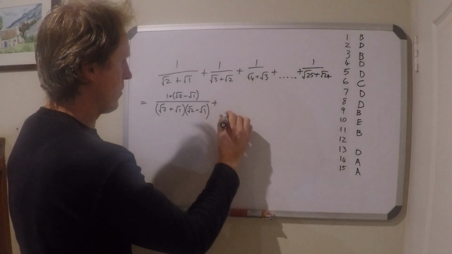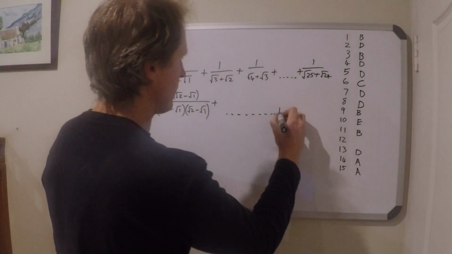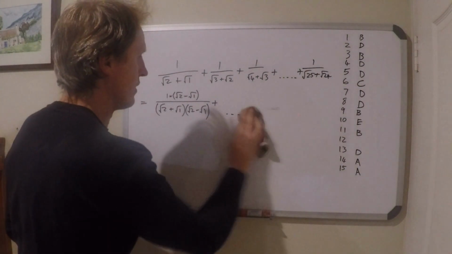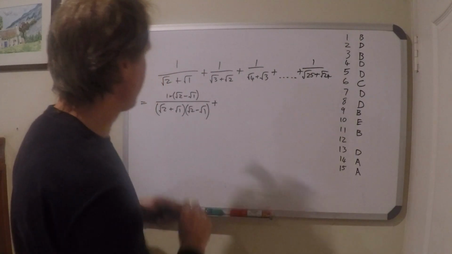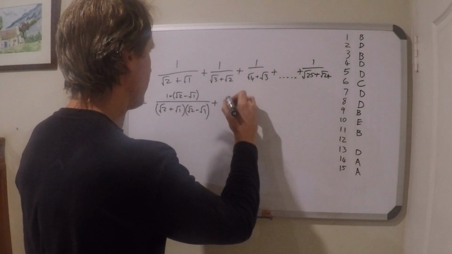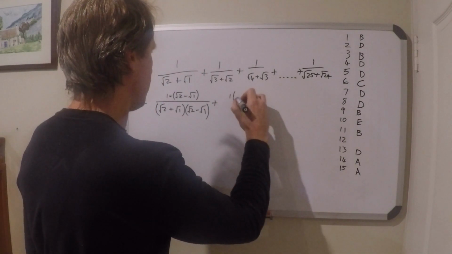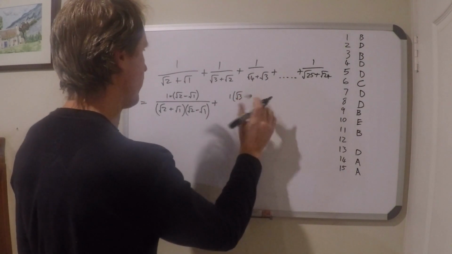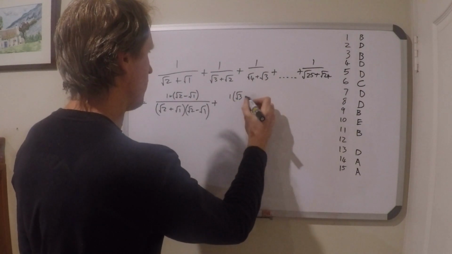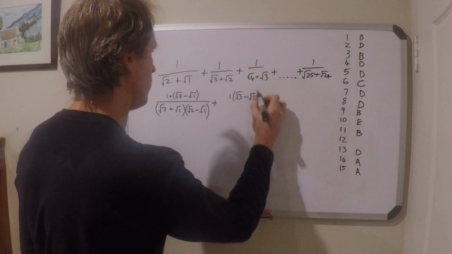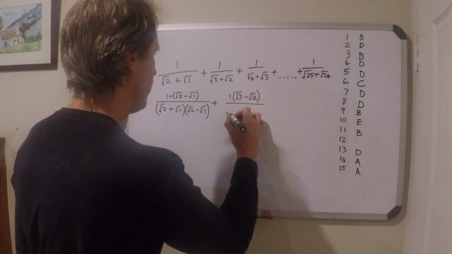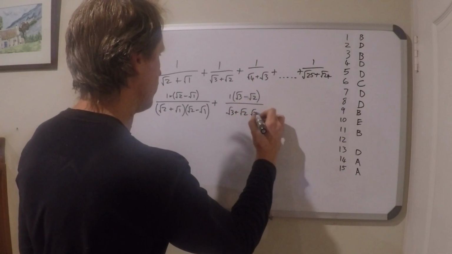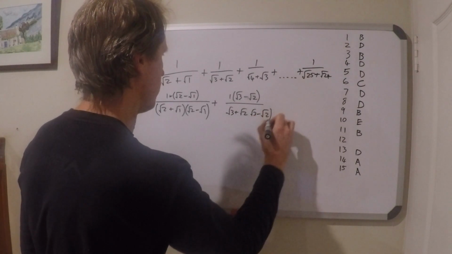Then I'm going to do that for all of these other terms until I get, well, actually let me do it for a second term just to make it clear. I'm going to do that again here. So this is 1 over root 3 plus root 2, times root 3 minus root 2 over root 3 minus root 2.